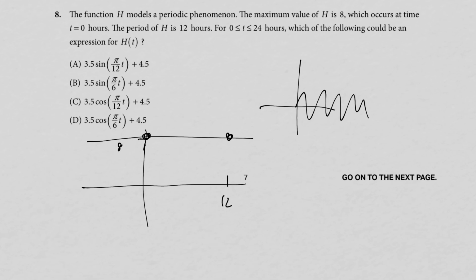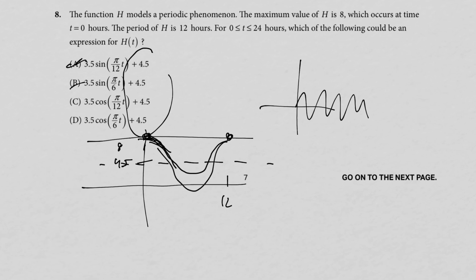They don't tell us the minimum at all. Notice how these all have the same midline at 4.5. So first of all, it's a cosine curve. Maybe it looks like that. They don't tell us anything, but it's definitely a cosine curve because it starts from its high point.